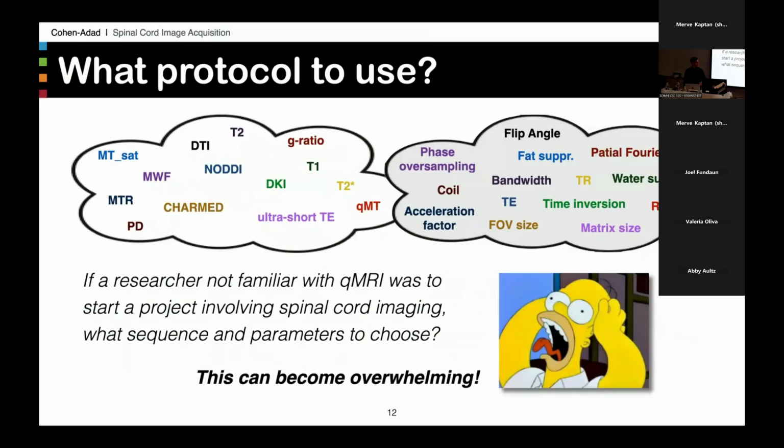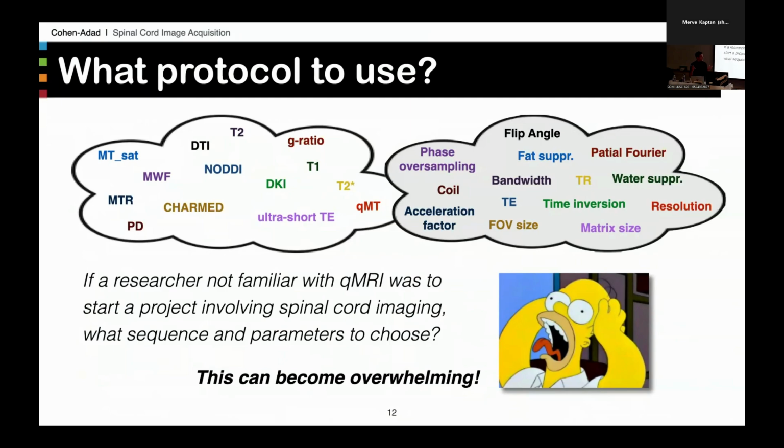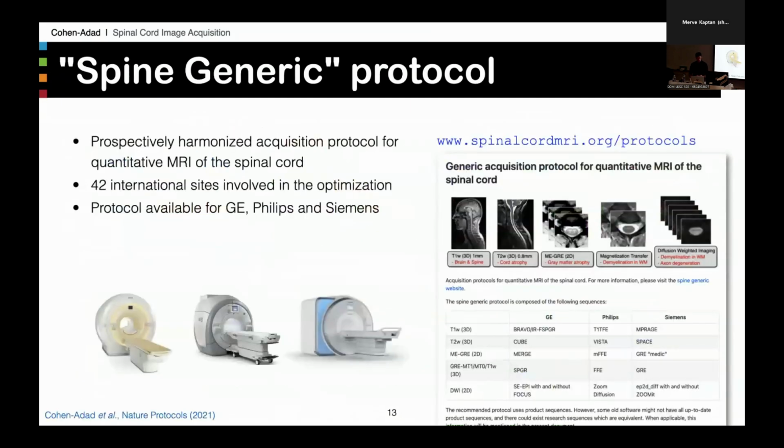And a lot of pilot scans, a lot of time and money is wasted, and many other groups in parallel are also doing the same, right? So why not share this experience and come up with some sort of generic guidelines. So that's what led to the so-called Spine Generic Protocol. It's an initiative that started in 2018 while I was doing my sabbatical in Tokyo.